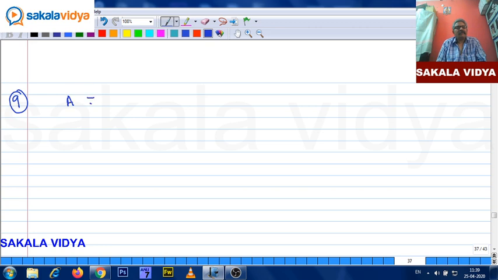Ninth one. A equals to, this is a very important problem. Though it is easy, you need to be careful. I 0, 0 minus I, where I is the root of minus 1, iota.